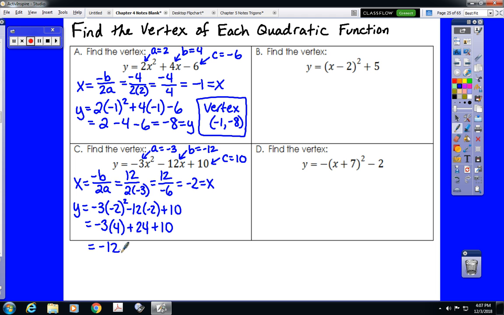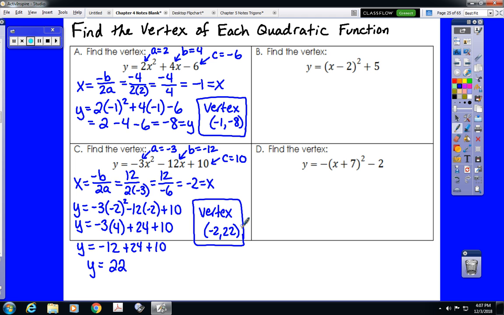So we're looking at negative 12 plus 24 plus 10. Well, that would mean that y equals 12 plus 10, or 22. So our vertex would be located at the point negative 2, 22.